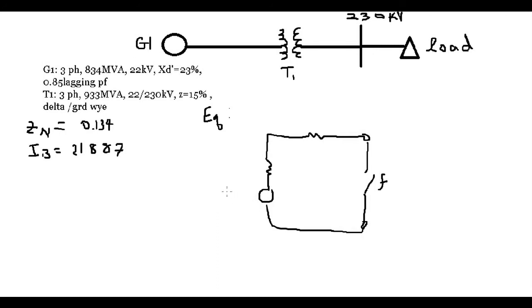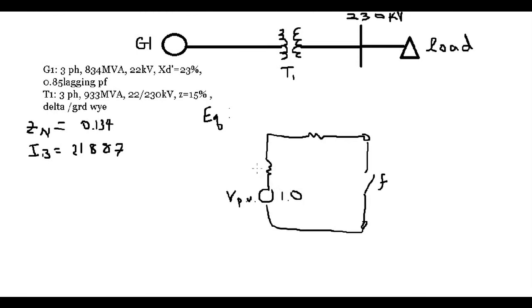Okay, so we need to calculate a V per unit at the generator. Once again, our actual voltage and our base voltage are the same, so it's just going to be 22 kV divided by 22 kV, which is 1.0 per unit.